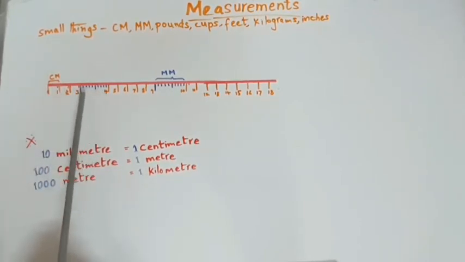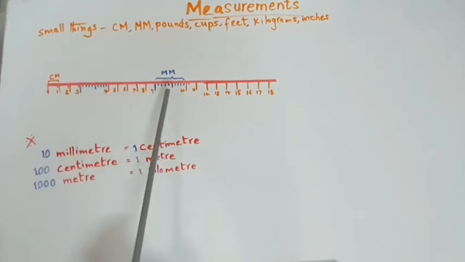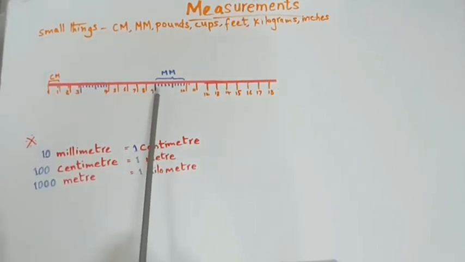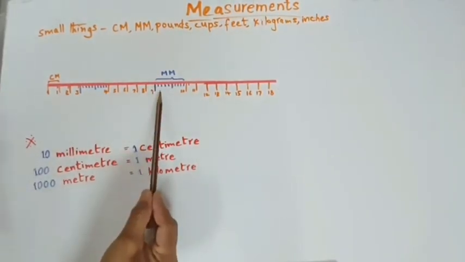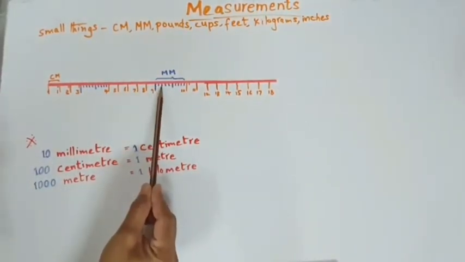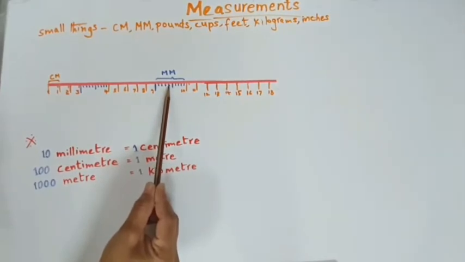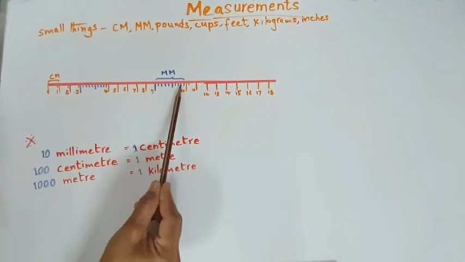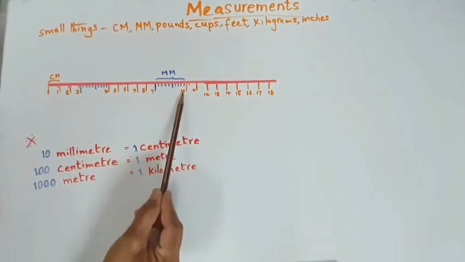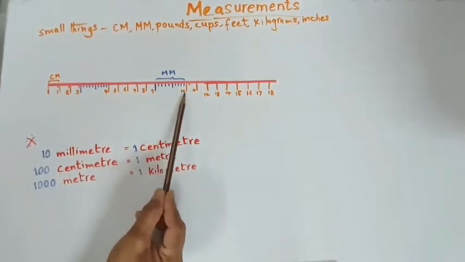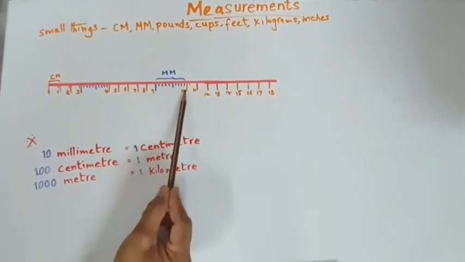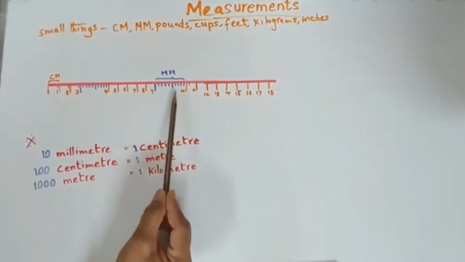Look at this blue figure, millimeter. So from here you have to start measuring: 1, 2, 3, 4, 5, 6, 7, 8, 9, 10. So it is 1 centimeter. 10 millimeter is equal to 1 centimeter.